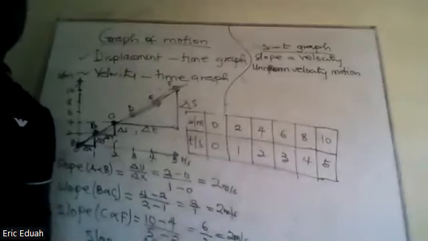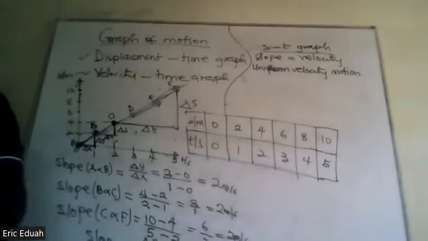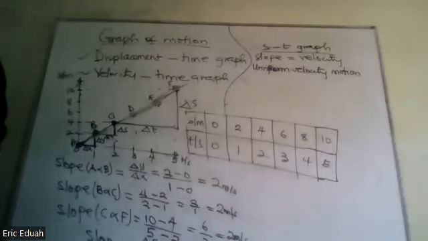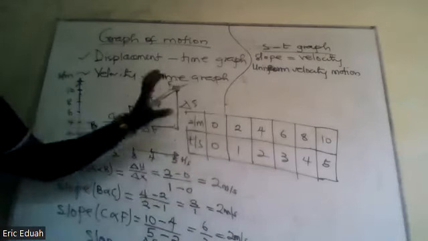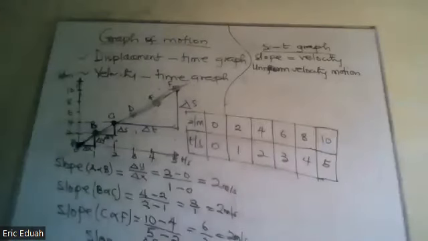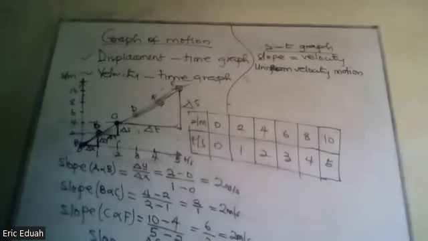Uniform because it is the same. Velocity because the slope of a displacement time graph gives us the velocity of the body. So uniform velocity motion. Please, are we okay? Mami Araba and Baby, are you okay?